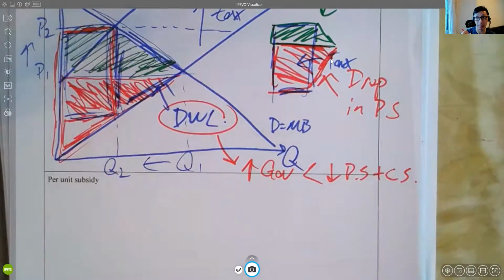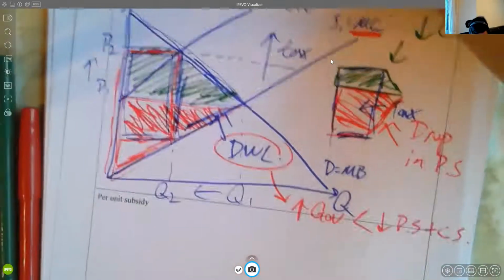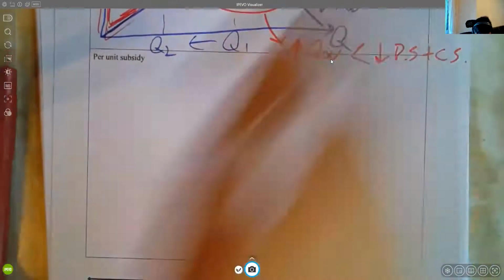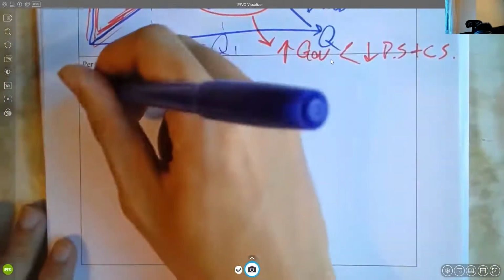So you must know it. My advice, if you don't get it fully, rewind the video and watch it again. All right, now assuming you are okay, let us move on to per unit subsidy. Now subsidy.